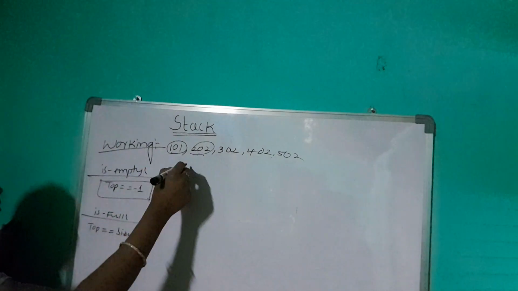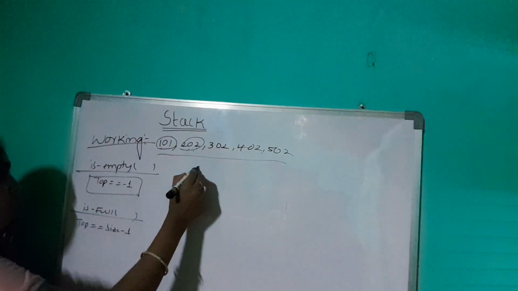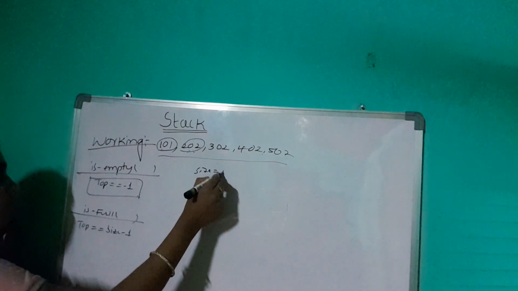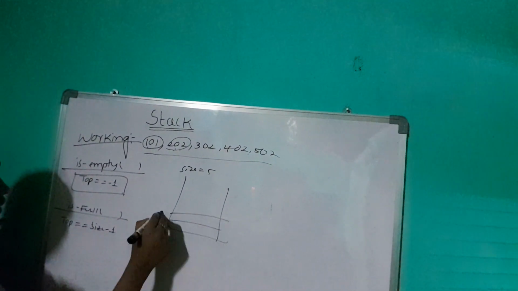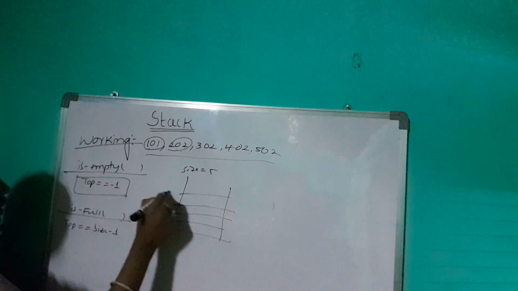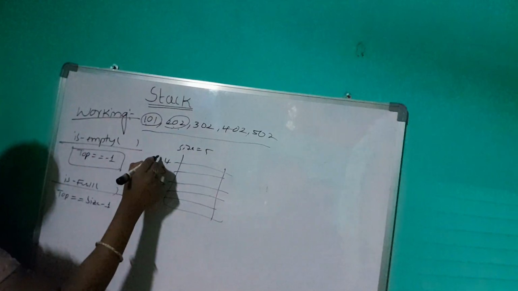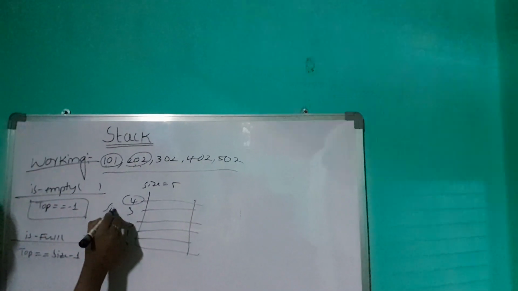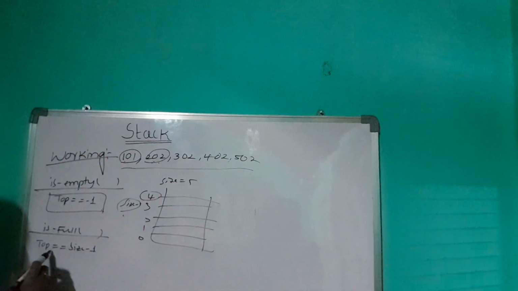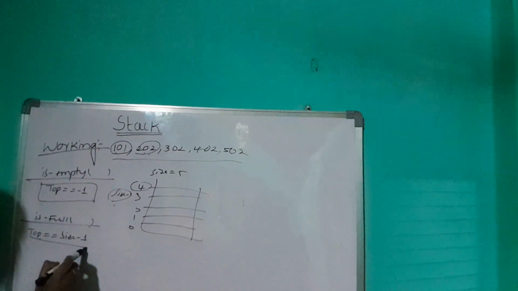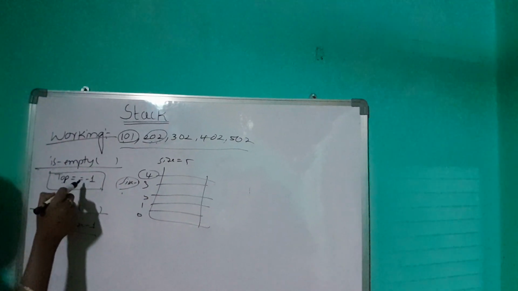For example, for these elements size is 5 and the stack index is like this: 0, 1, 2, 3, 4. This is size minus 1. So the stack is full. Is full condition is top is equal to size minus 1. Is empty condition is top is equal to minus 1.